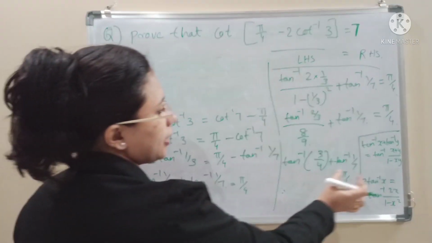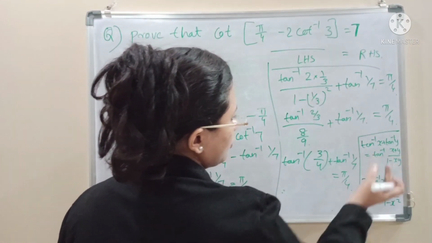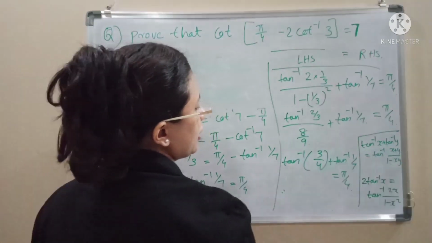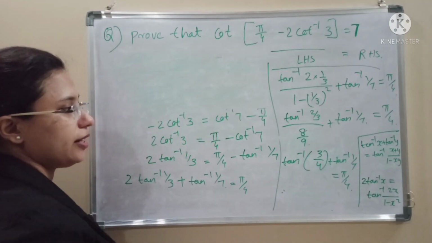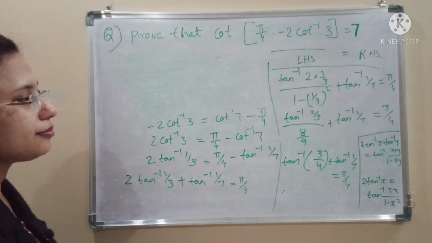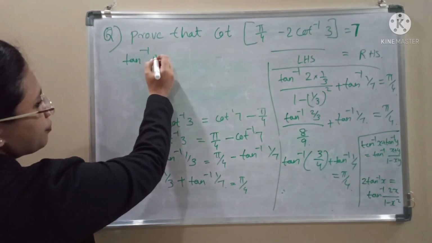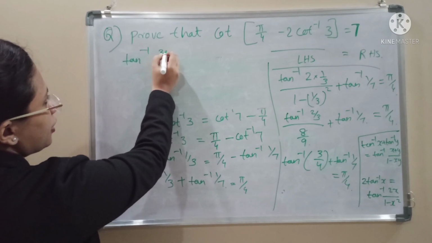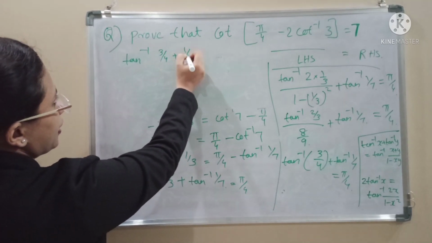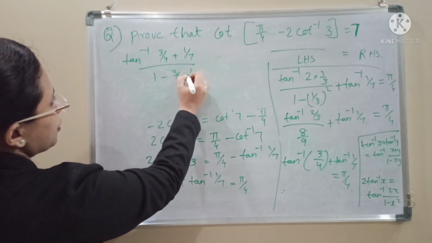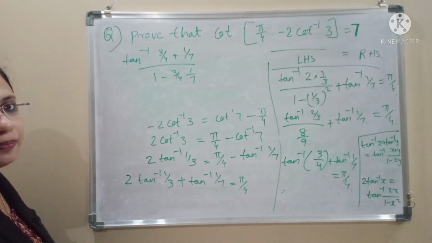Again we can apply this property, tan inverse x plus tan inverse y equals tan inverse of x plus y divided by 1 minus xy. So it will be tan inverse of 3 by 4 plus 1 by 7 divided by 1 minus 3 by 4 times 1 by 7.